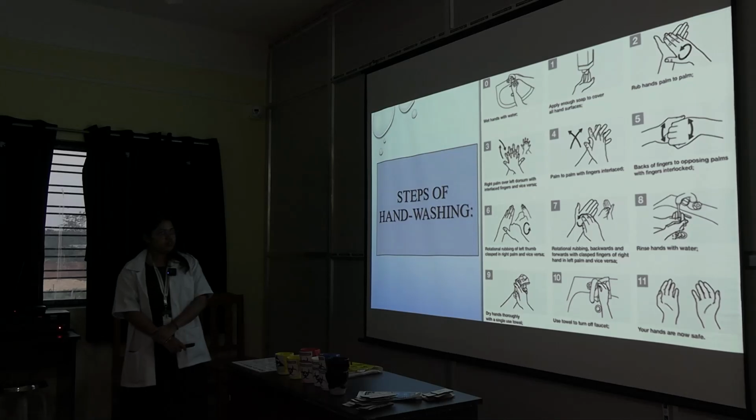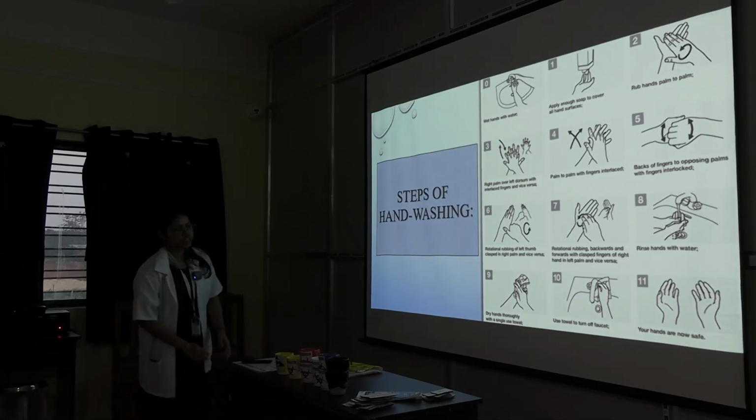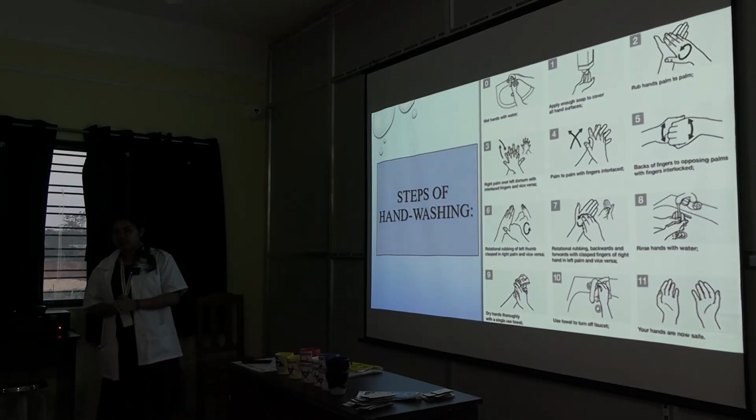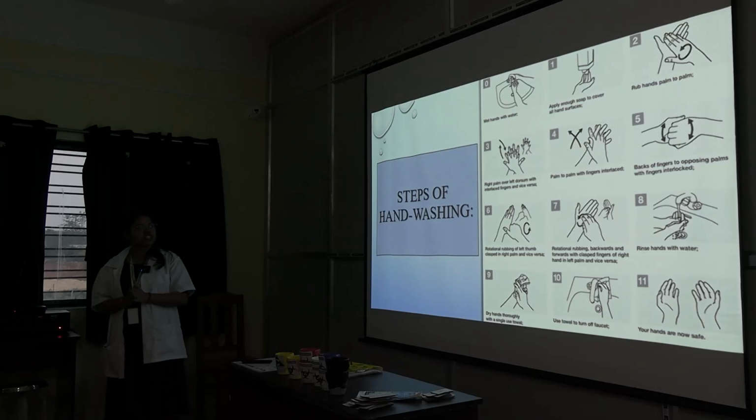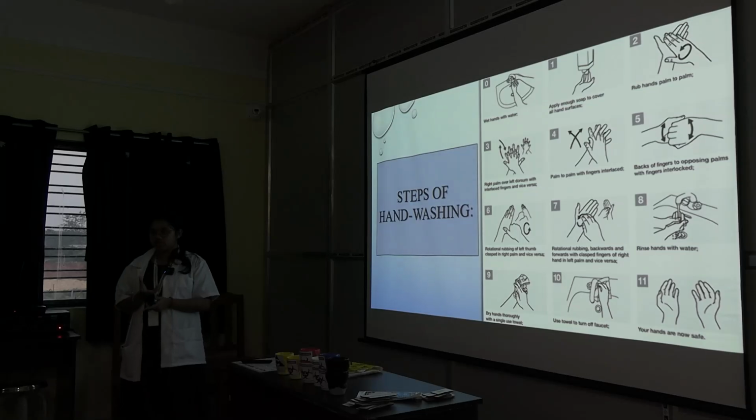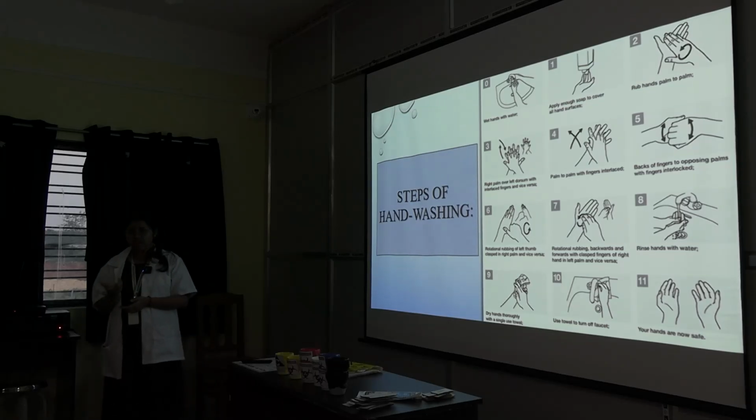So what are the steps of hand washing? Basically there are 6 steps. Before hand washing, we should wet our hands in water and put some antimicrobial soap or hand wash and cover the whole hand. Now we will begin with the steps.